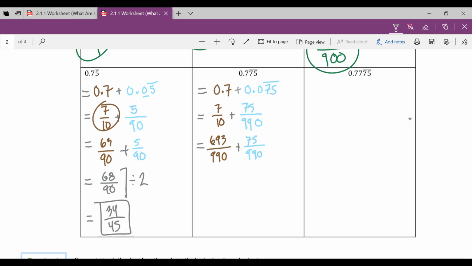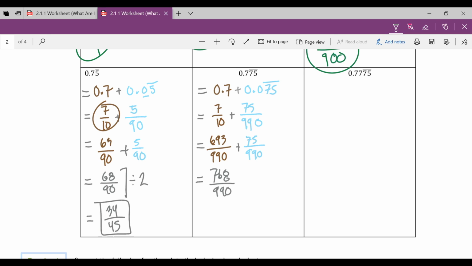And now we're about ready to bring it home. If we add 693 plus 75, we're going to get 768 over 990. Cool. And now we should look to see if we can simplify this. Well, 7 plus 6 is 13, plus 8 is 21. 21 is divisible by 3, which means that 768 is divisible by 3, and 768 is divisible by 2.